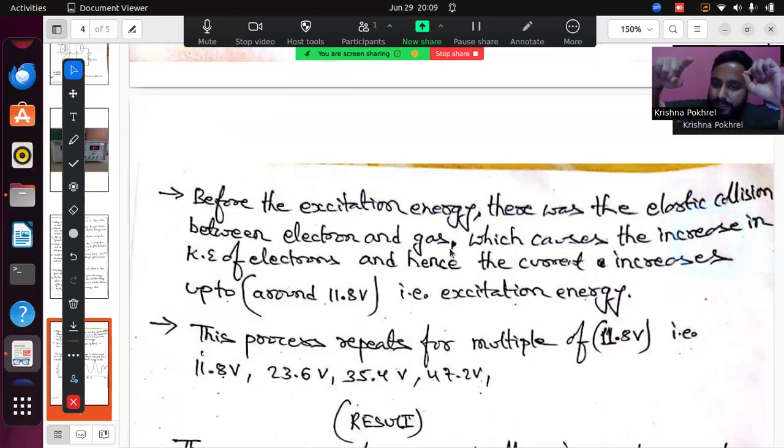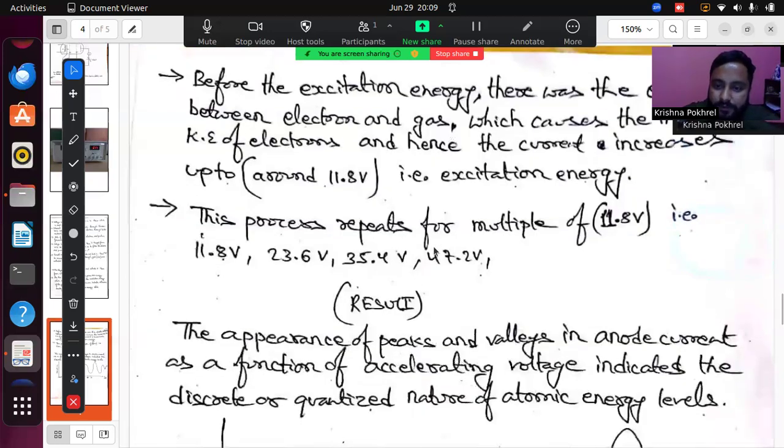Later on, when the voltage becomes more than 11.8 volt, the electron energy will be taken by the gas to go to the higher energy state, and then the current level decreases to the minimum value for some time, let us say up to 16 or 17 volt. Again it becomes elastic, and again it becomes inelastic collision. This process repeats for multiples of 11.8 volt.